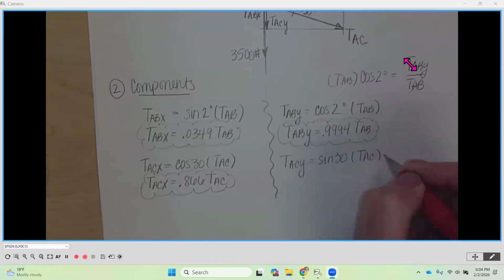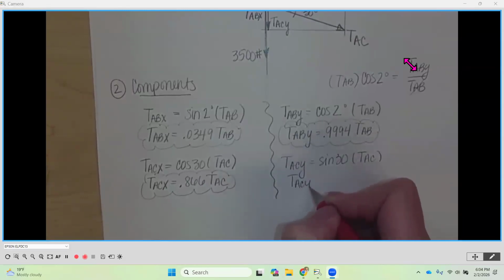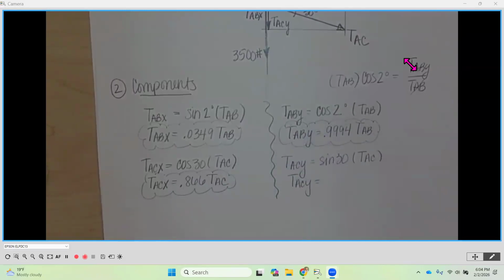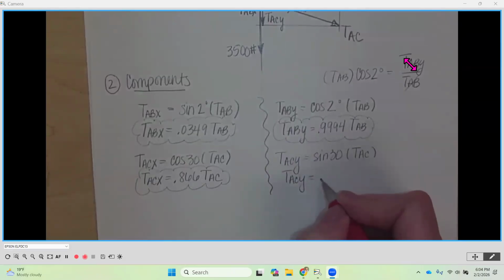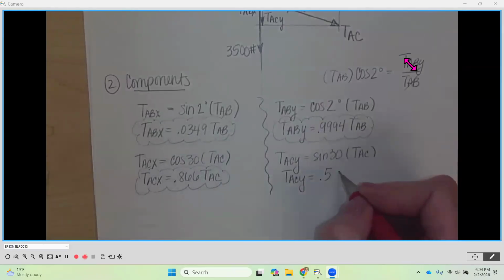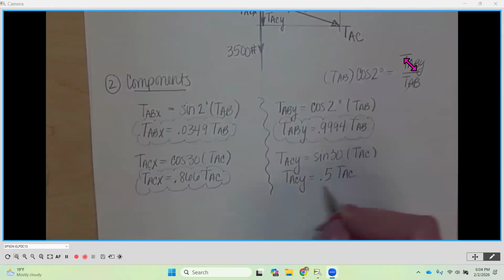Times TAC. What is the decimal equivalent of 30 sine? 0.5, perfect. I'm seeing them on virtually, great. So 0.5, and that is even, like it's just 0.5 and then 0, 0, zeros, right? And that's going to be TAC.